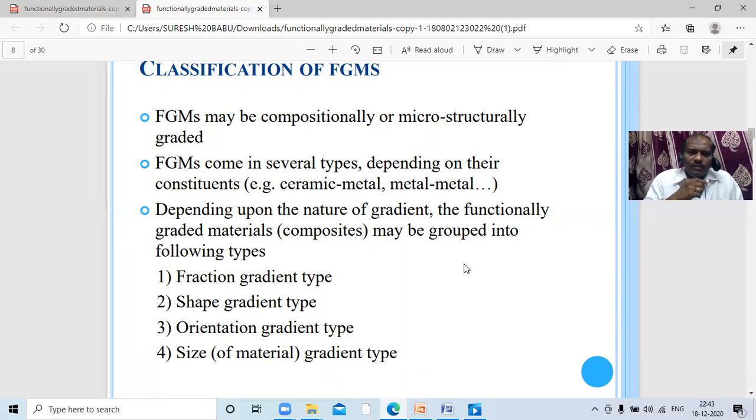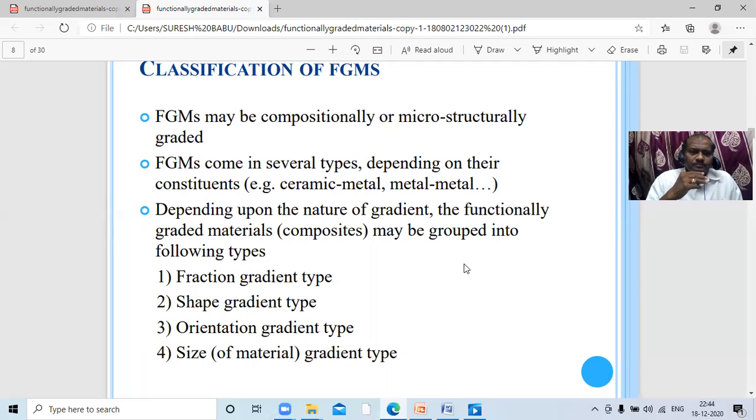Already I told you FGMs are a combination of a metal with a non-metal, or metal-metal, or metal with another material which may not be a non-metal but may be a ceramic. So FGMs can be classified in two ways: one on composites, the other based upon the material.